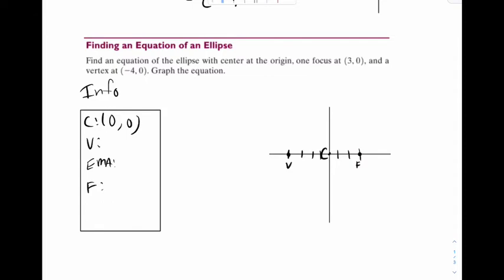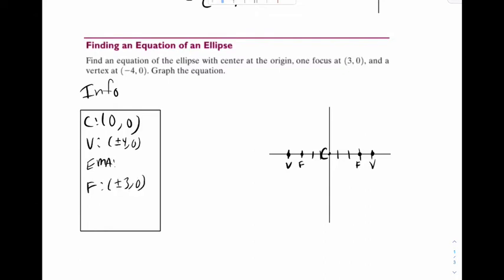So by symmetry, since we know the ellipse is symmetrical, a vertex here means there's a vertex here. And a focus here means there's a focus here. So already we can fill that in. Plus or minus 4, 0. And our focus is plus or minus 3, 0.